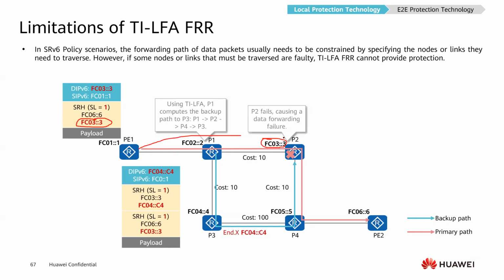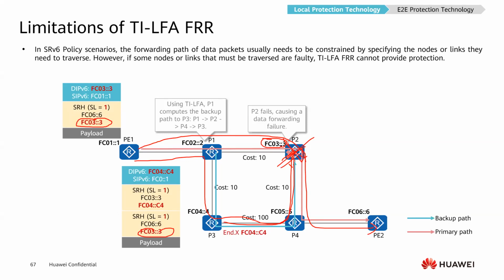I must reach here, then I can send it back. But now FC03::3, this device, has a problem. So I should send the packet to FC03::3 first, but this device has failed. I cannot send into it anymore.